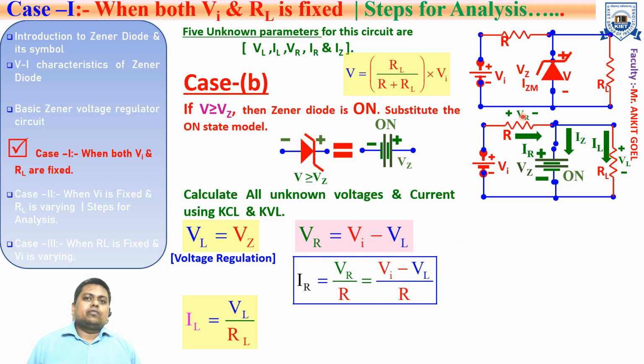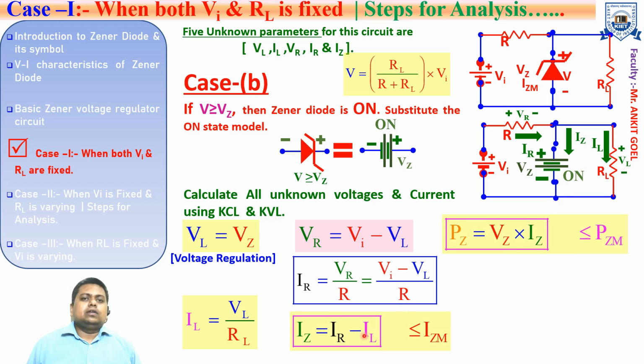So out of the 5 parameters, 4 you have calculated. The fifth parameter, that is Iz, can be calculated by applying KCL at this node. That is, IR is known, IL is known. You can easily find the Zener current as IR minus IL, right? And please note that this Zener current should come out to be less than the specified maximum Zener current of the Zener diode for safe operation.